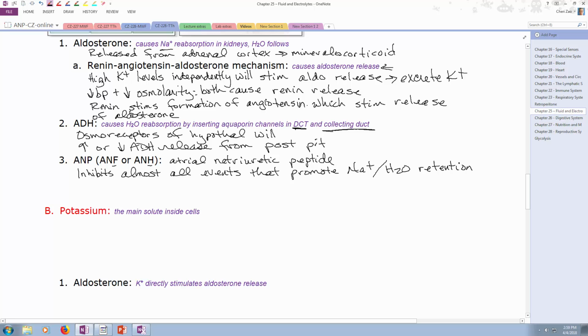And so it will suppress the release of renin. It will suppress the release, therefore, of angiotensin, aldosterone, and antidiuretic hormone.